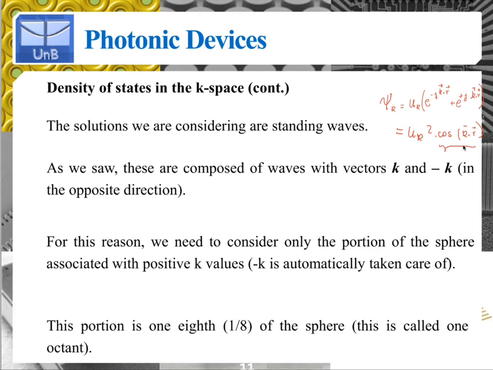So the standing wave is composed of plane waves with wave vectors k and minus k in opposite directions. For this reason, we needed to consider only the portion of the sphere associated with the positive k values, because the negative k values are automatically taken care of, since the solution is the superposition of the two, okay? And as we saw, this portion is 1/8 of the sphere, which is called an octant. So we're just recalling what we just discussed.